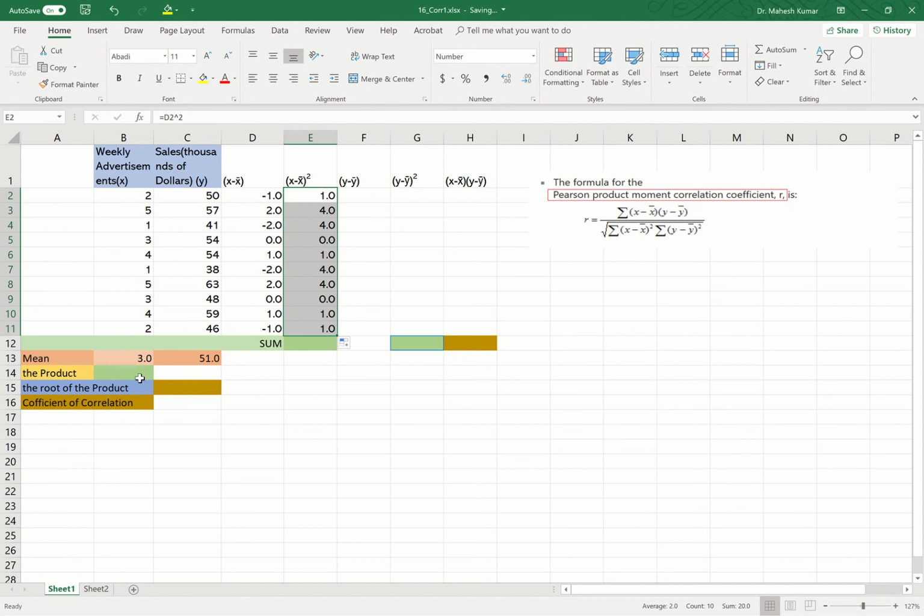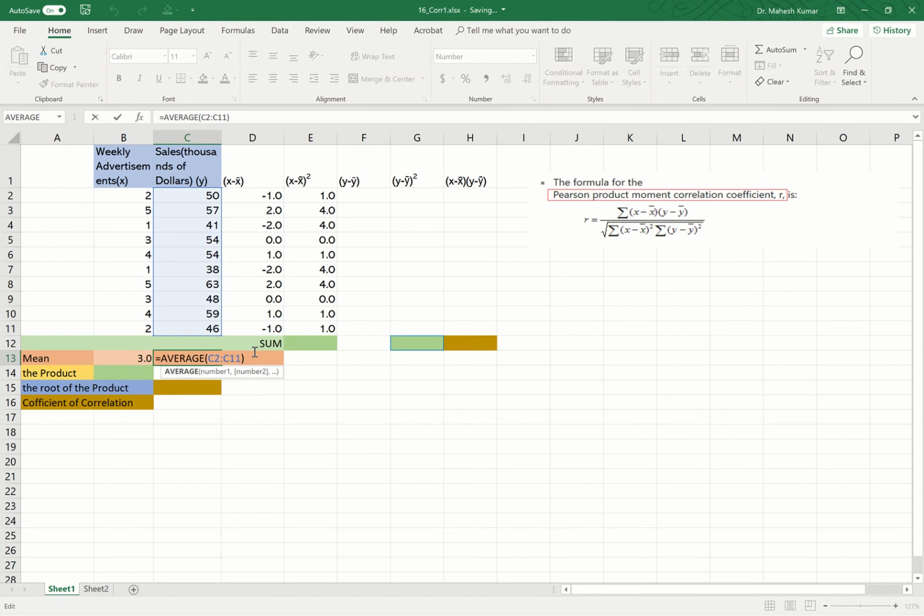Similarly, now we will calculate the mean of series y. We have already calculated the mean of series y here, which is 51.